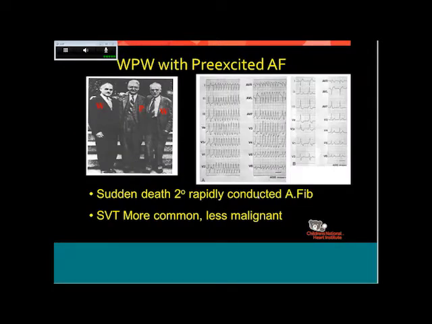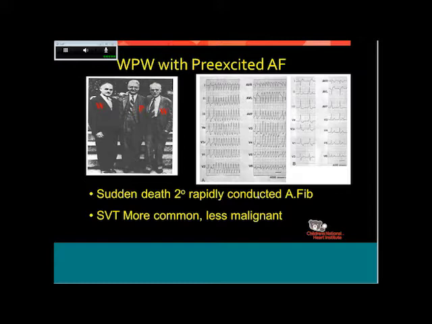Good friends Wolff, Parkinson, and White here in their monogram shirt. We see WPW quite commonly in teenagers, but the vast majority just have SVT, which is less malignant but more common. And sudden death is more of a concern with patients who are at risk for pre-excited atrial fibrillation.